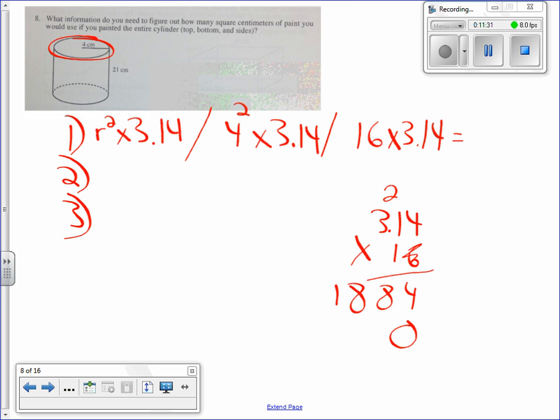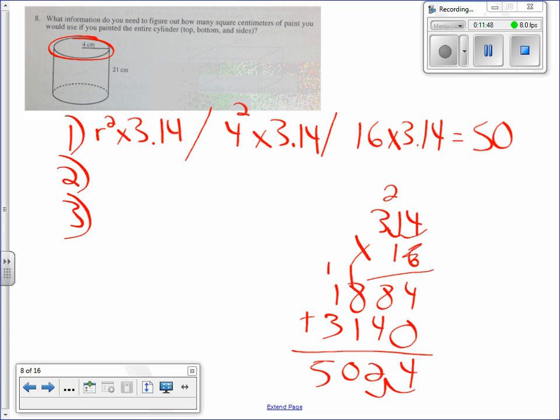Place value holder. 1 times 4 is 4. 1 times 1 is 1. 1 times 3 is 3. Add these up. 4, 12, 10, 5. Move the decimal over. 50 and 24 hundredths.